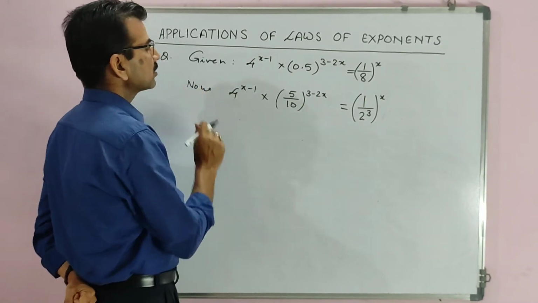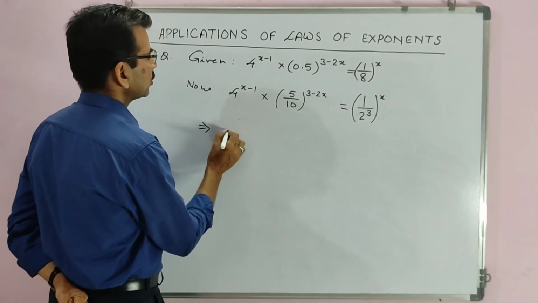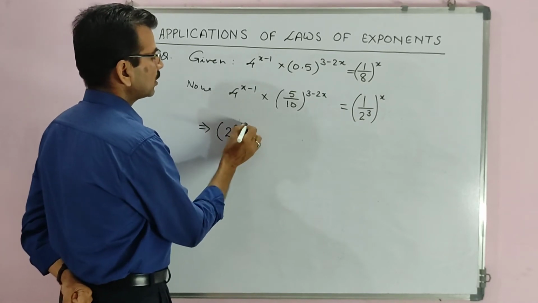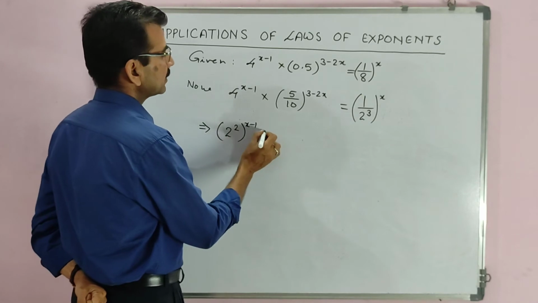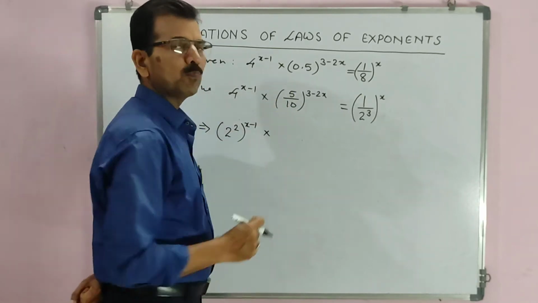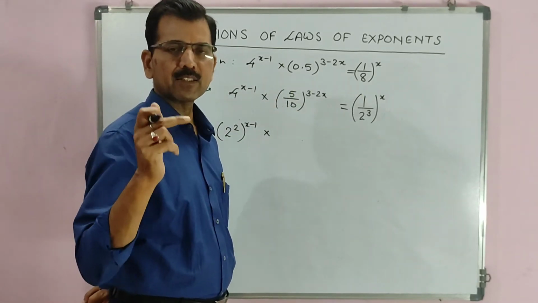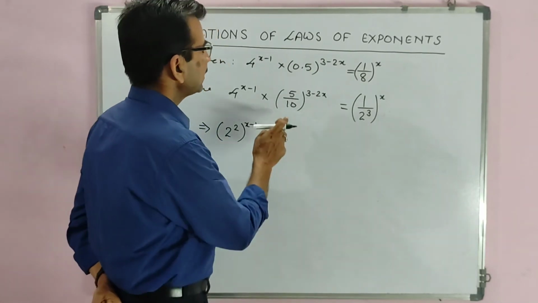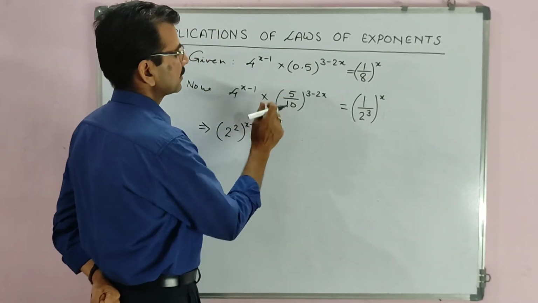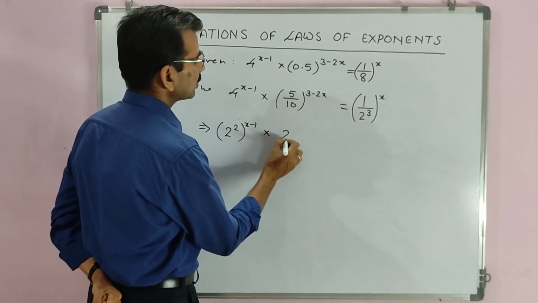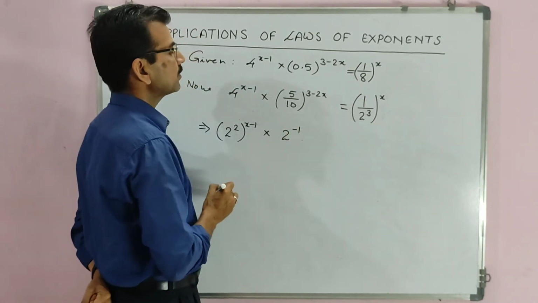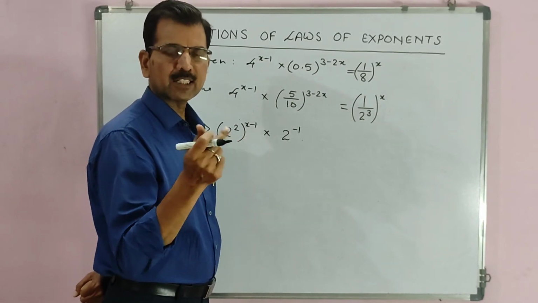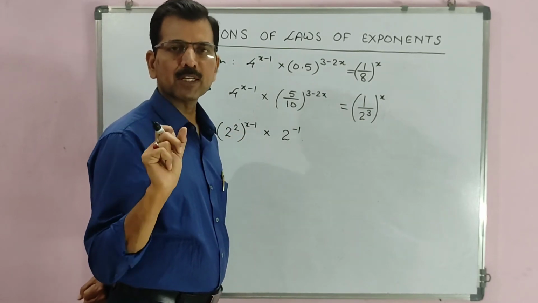Now this 4 also we can write here as 2 square, whole to the power x minus 1, into this 5 upon 10. We can write 5 upon 10 as 1 by 2, and this we can take in the form 2 raised to power minus 1. 1 upon 2, then 2 will take in the numerator and the power will become minus.